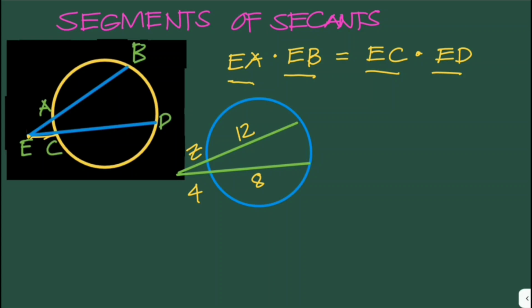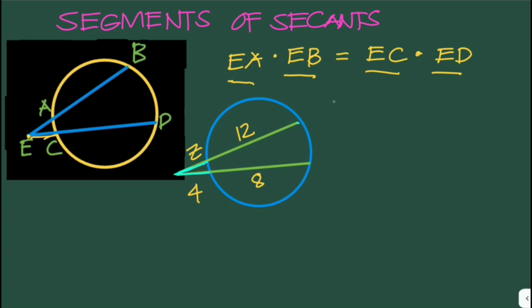All right, let's solve this problem here. So we're given here a circle with segments of secants. So that would be the length of the external segment times the length of the secant, equals the length of the other secant and its external segment.